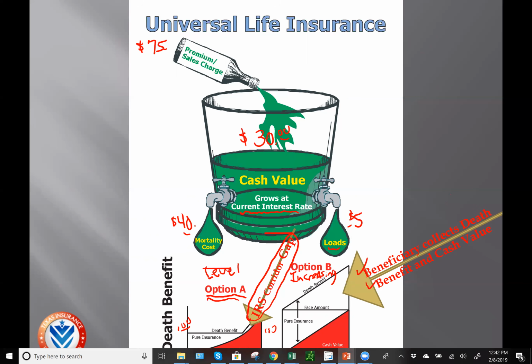Next, under which universal life death benefit option, when the insured dies, does the beneficiary collect both the death benefit and the cash value? And this one is option B, because B is for both. Think of it like that. B is for both. The beneficiary gets both the cash value and the death benefit. So that should help you answer any question that comes up over the death benefit options under a universal life policy.